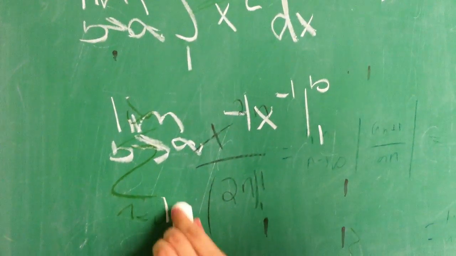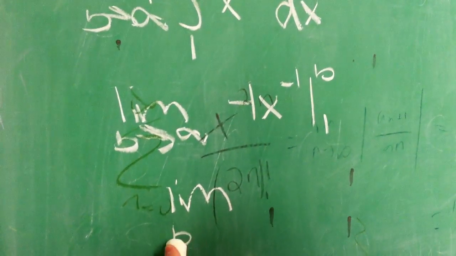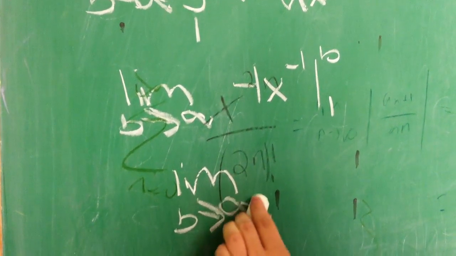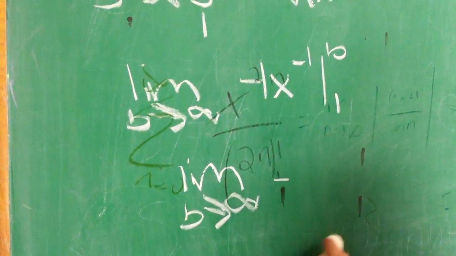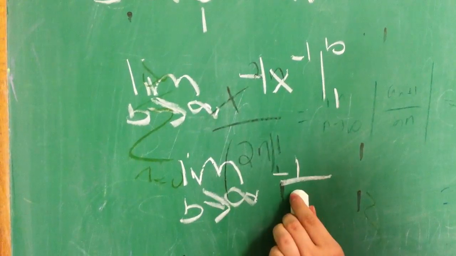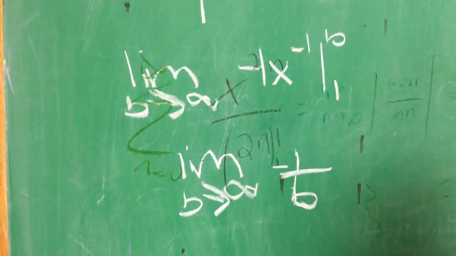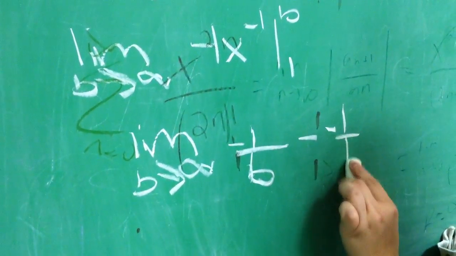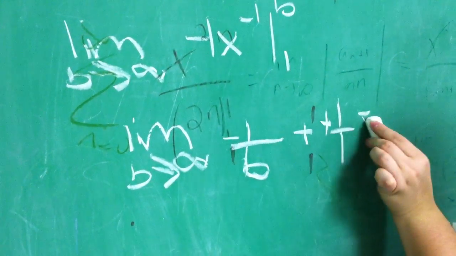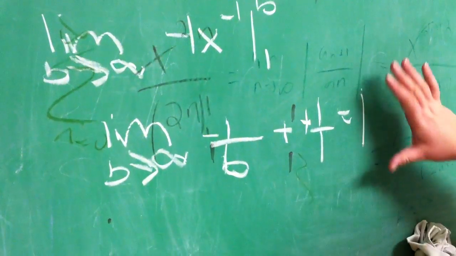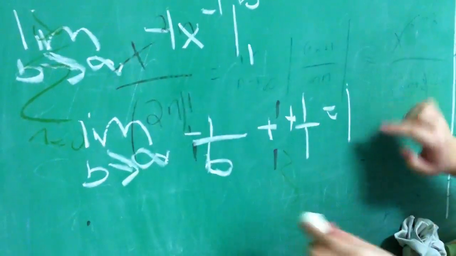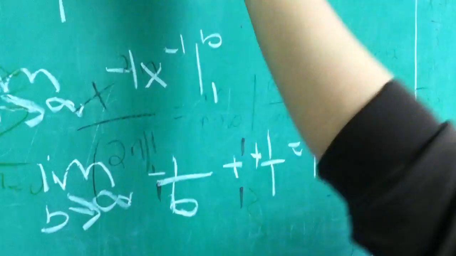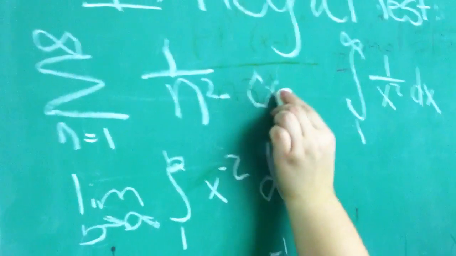So this will go to the limit as b approaches infinity of negative 1 over b minus negative 1 over 1. So this will change to that. This will become 1. And since the integral converged to 1, our series will converge.